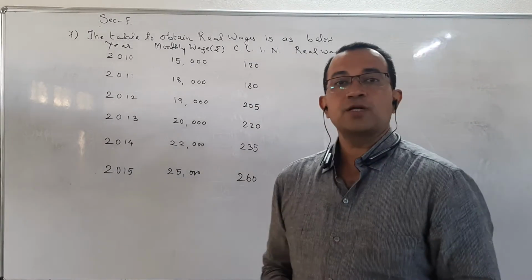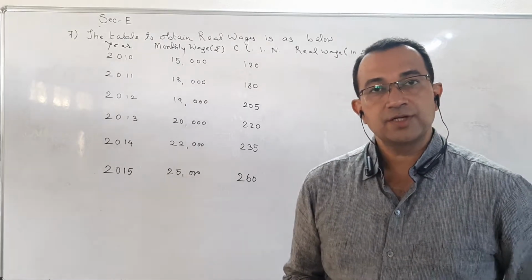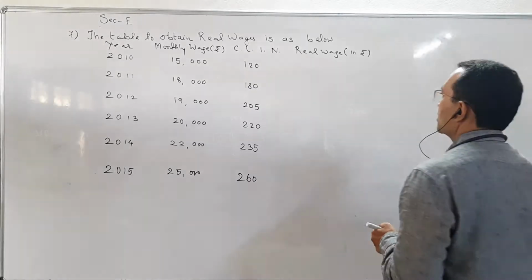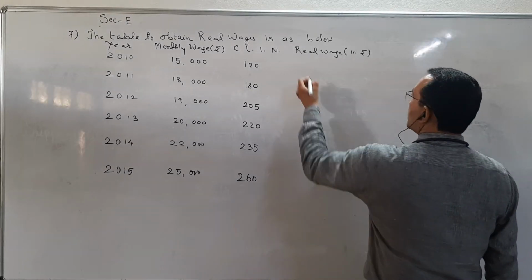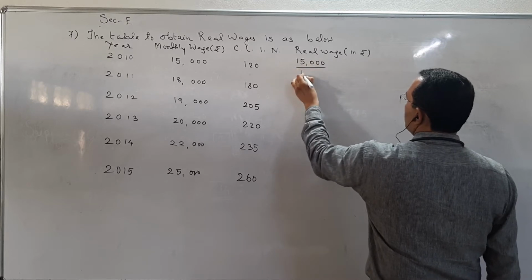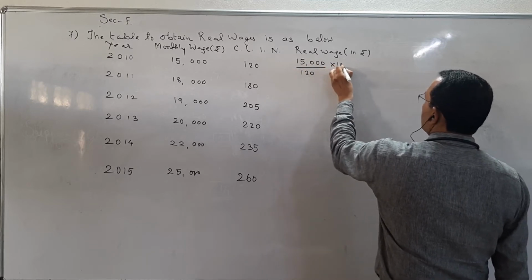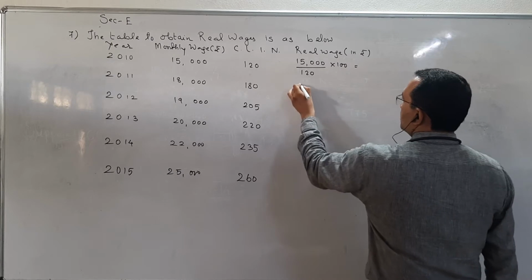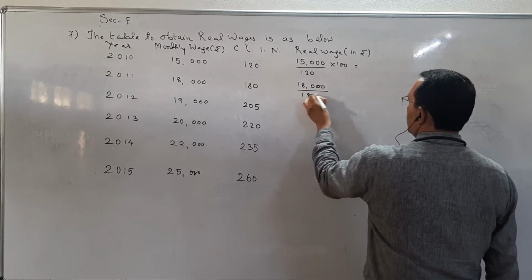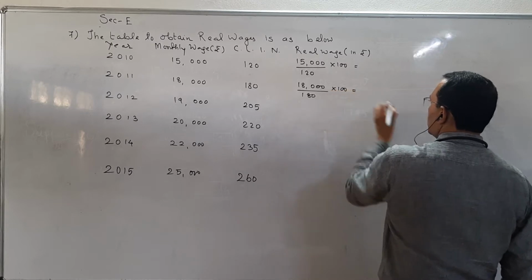Now what was the formula to obtain real wage? Wage upon cost of living index number into 100. So wage is 15,000 upon cost of living index number 120 into 100. Then 18,000 upon 180 into 100.